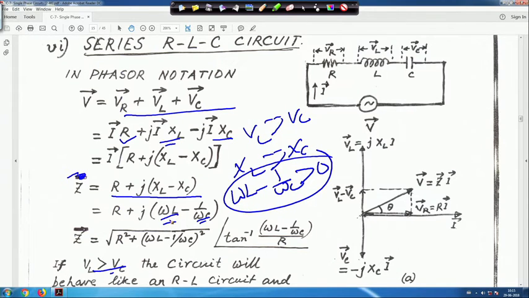Here VR is equal to RI, and this side is VL, which is jXL I. This is minus jXC I, on the negative side. When you take the difference VL minus VC, it will actually be j(XL minus XC) into I.